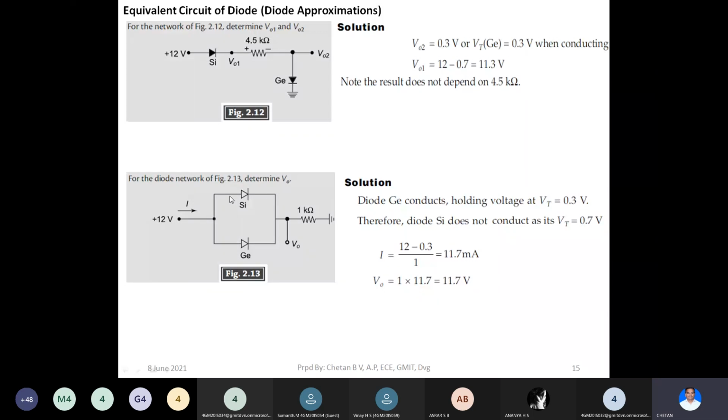The difference between the voltage at anode and cathode is 12 minus 11.7, which is only 0.3 volt. So 0.3 volt is very much less compared to the threshold voltage or knee voltage of silicon, which is 0.7. Hence, our assumption is correct that the silicon diode would never conduct in this circuit, and only the germanium diode would conduct, and at the output you get a voltage drop V naught equals 11.7.